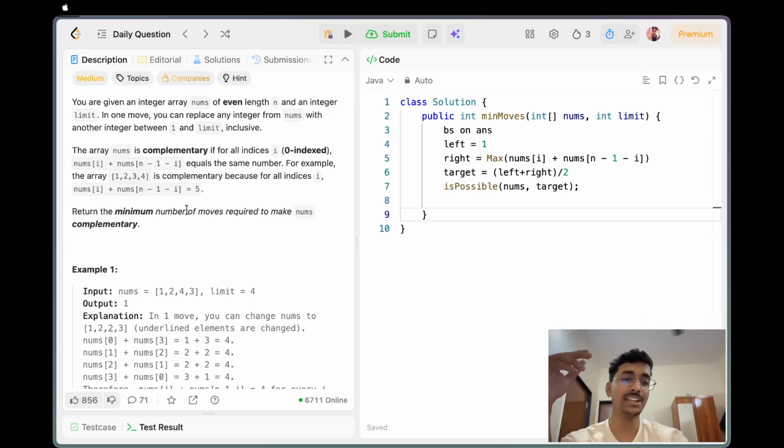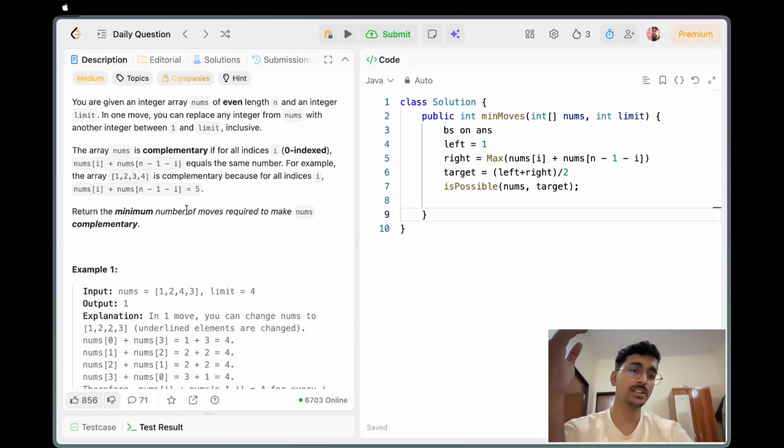Just create the array of summation, and whichever number has the highest frequency, go with it. Consider that as a target and try to figure out whether it is possible to make the array achieve that target.